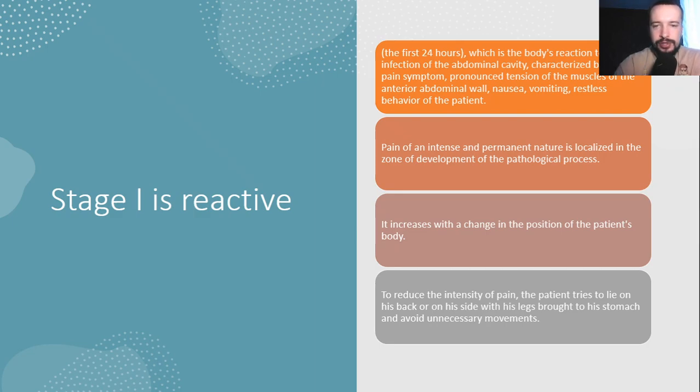It increases with a change in the position of the patient's body, or you can ask him to cough and the pain will increase. To reduce the intensity of pain, the patient tries to lie on his back or on his side with his legs brought to his stomach and avoids unnecessary movements.